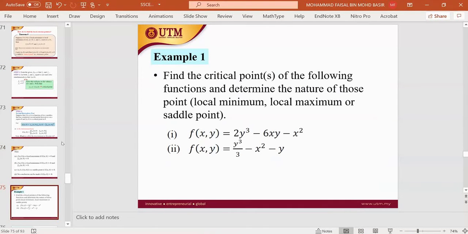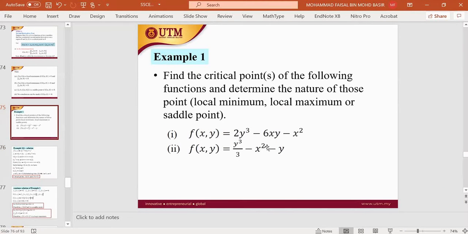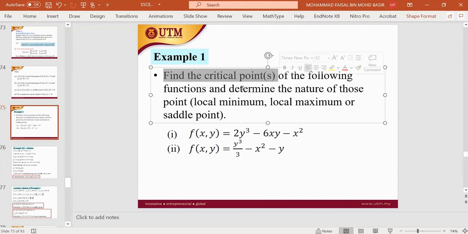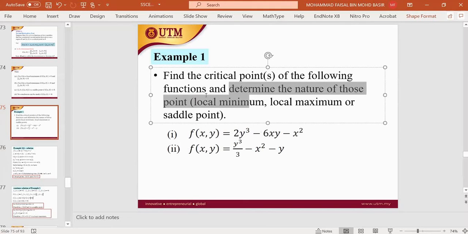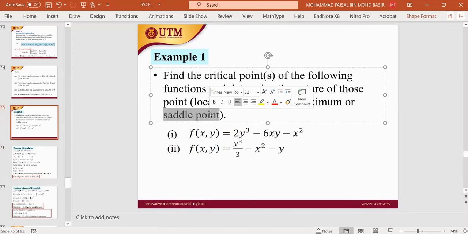Okay, so we come to an example. We do some examples. The function is 2y cubed minus 6xy minus x squared. So the question is, find the critical points of the following function and determine the nature of those points, either local min, local max, or saddle.